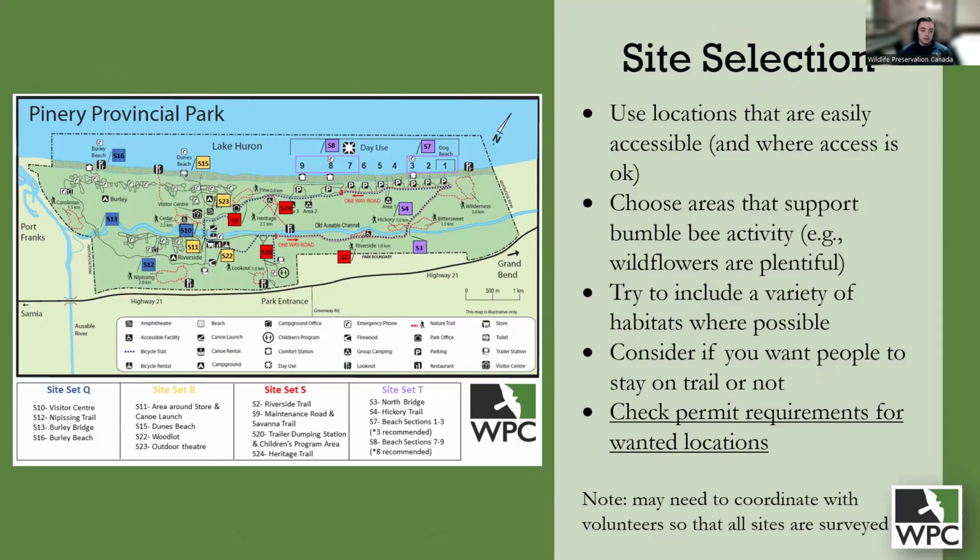So if a permit is restricting access to certain parts of the location, you would need to incorporate that. But if all is okay and you're totally free to create your own sites, again, the most important part is going to be to have locations that are easily accessible to your volunteers. Again, volunteers can be ranging from families, including kids, to older folks that might have mobility issues.